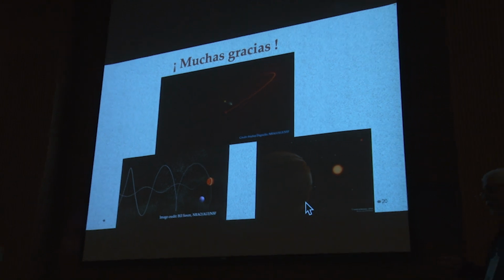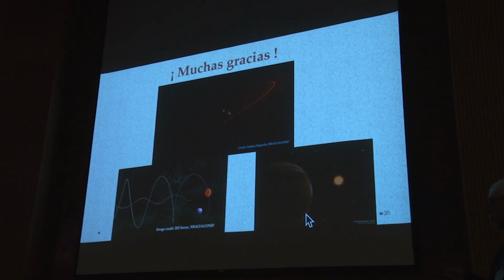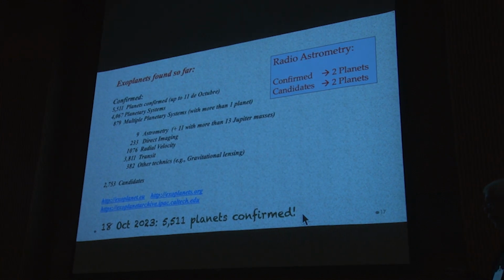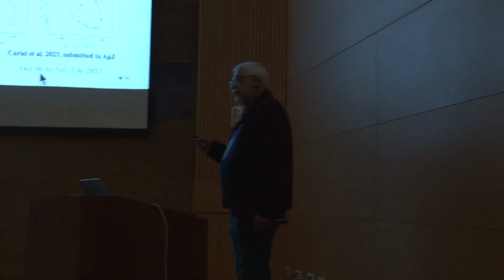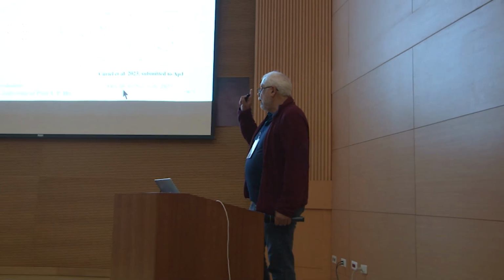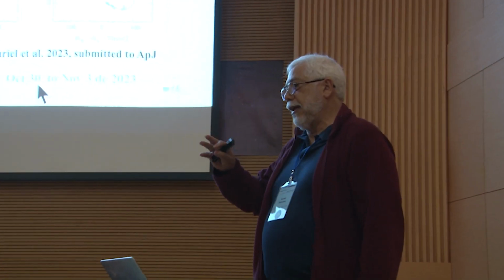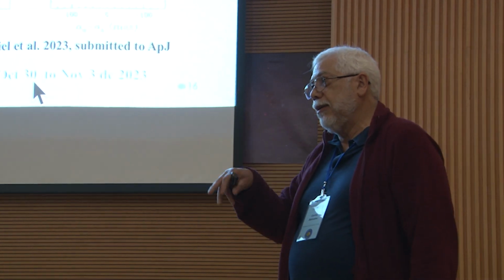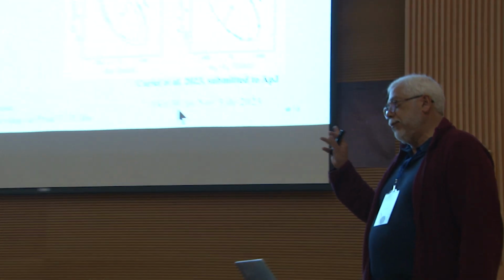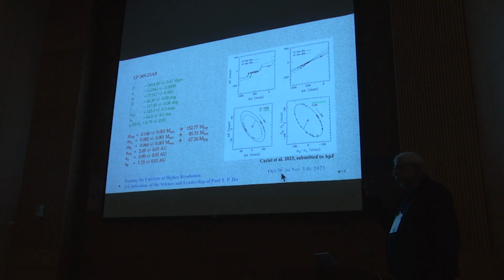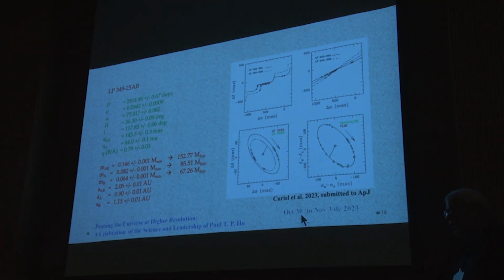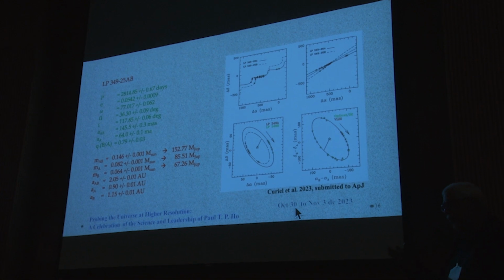Is that system that you found in a tight orbit around an M dwarf in the habitable zone around that M dwarf? This one is just outside the water line. In the case of the planets, they are way outside the habitable zone.